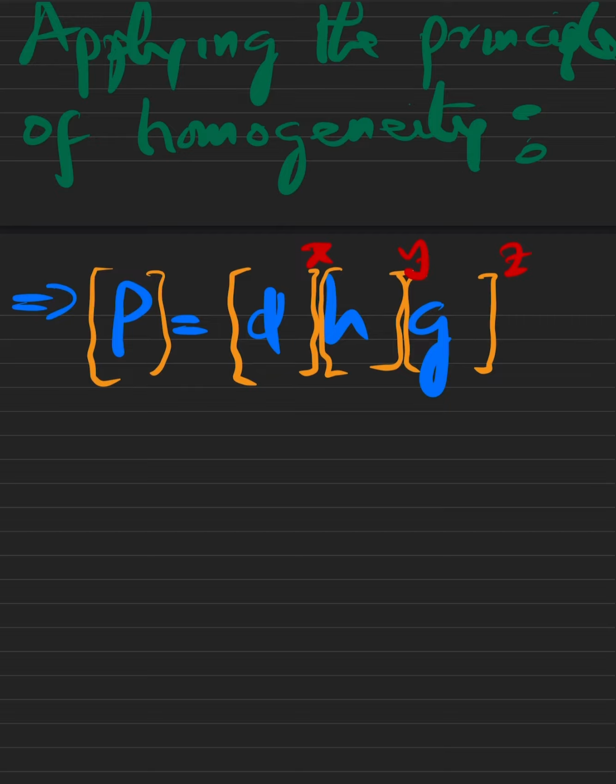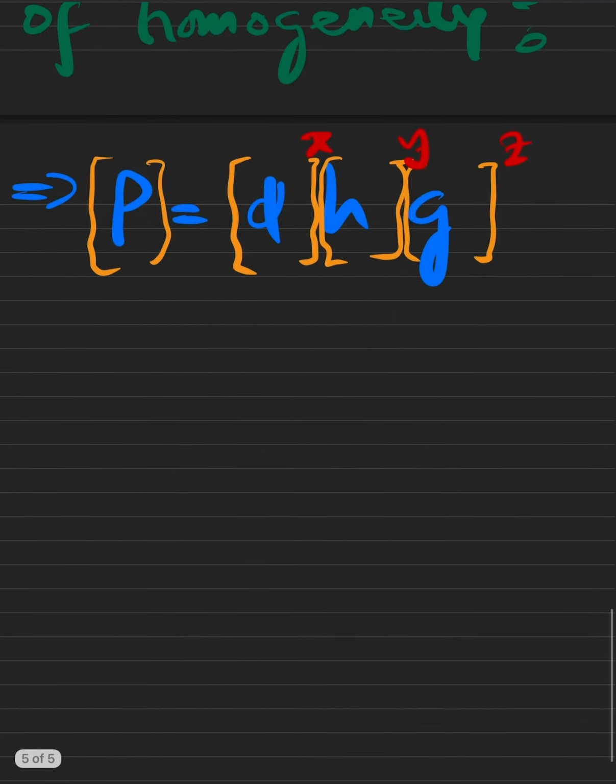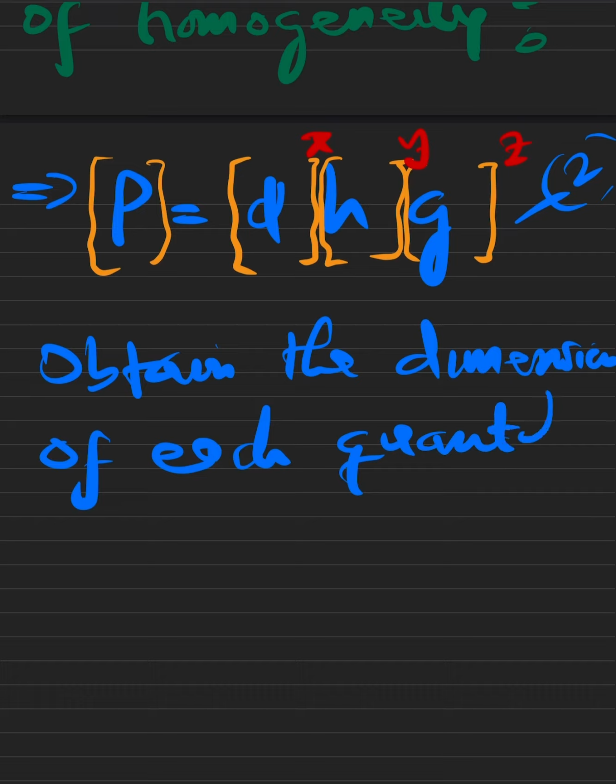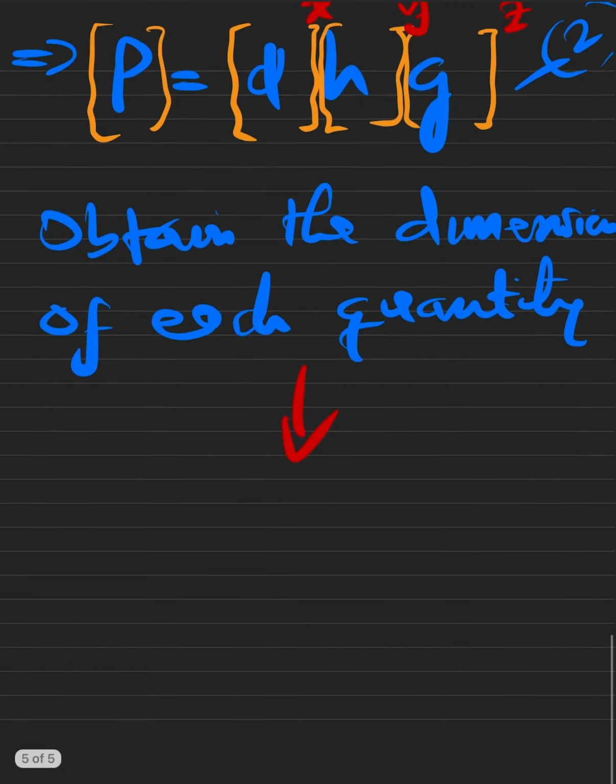The next thing now is you can supply your dimension. So to find the dimension, we make this equation 2 so that we can go and obtain the dimension of each quantity, that is the pressure, the density, the height.